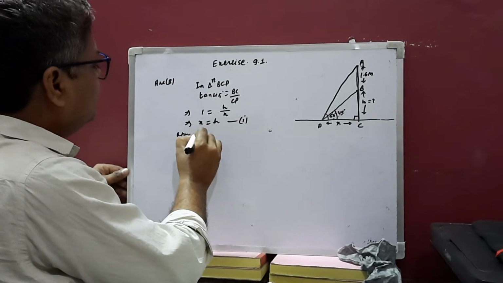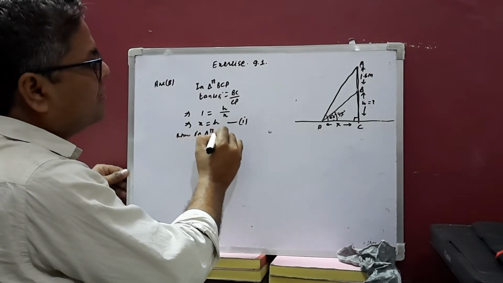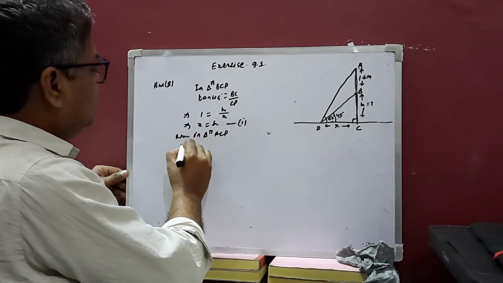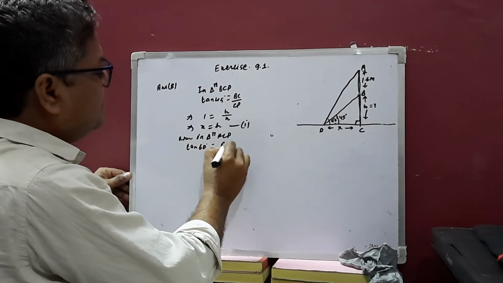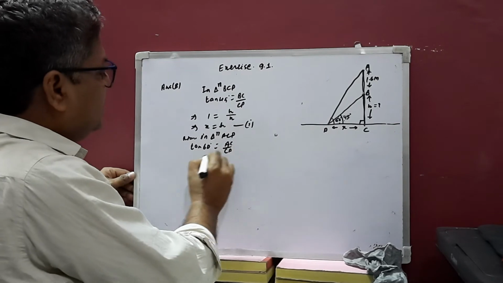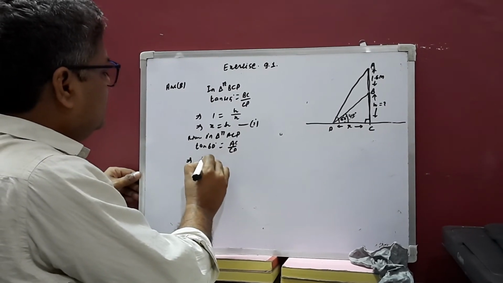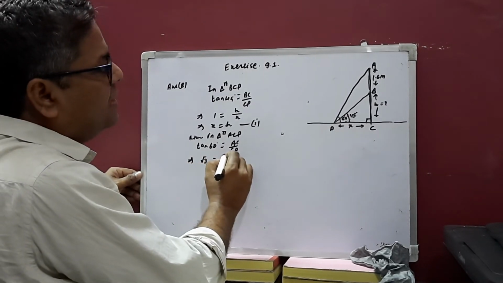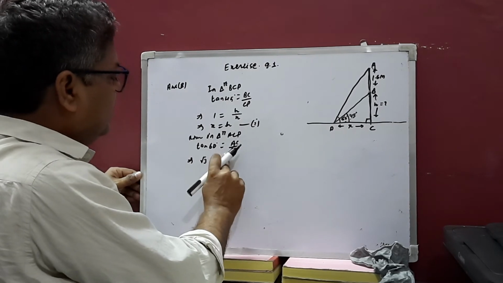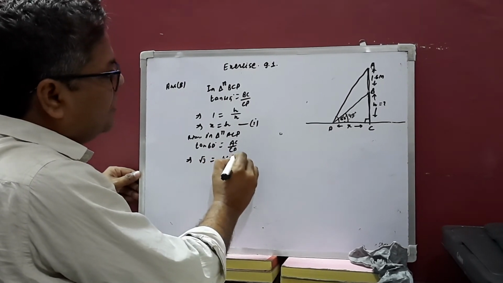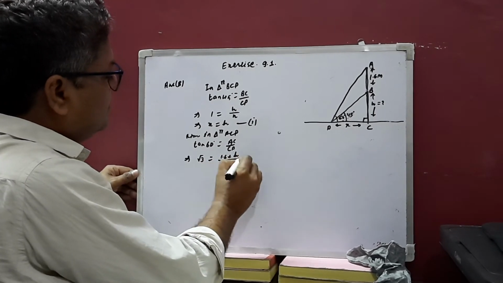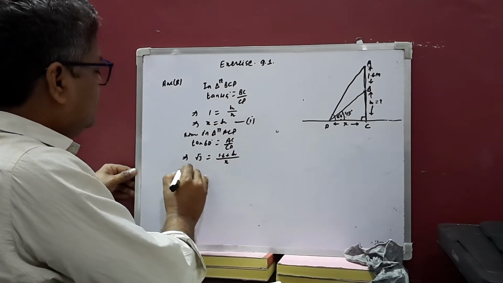Now in right triangle ACP, tan 60 degree is equal to AC by CP, and this is root 3, and the value of AC is 1.6 plus h, and this is x.